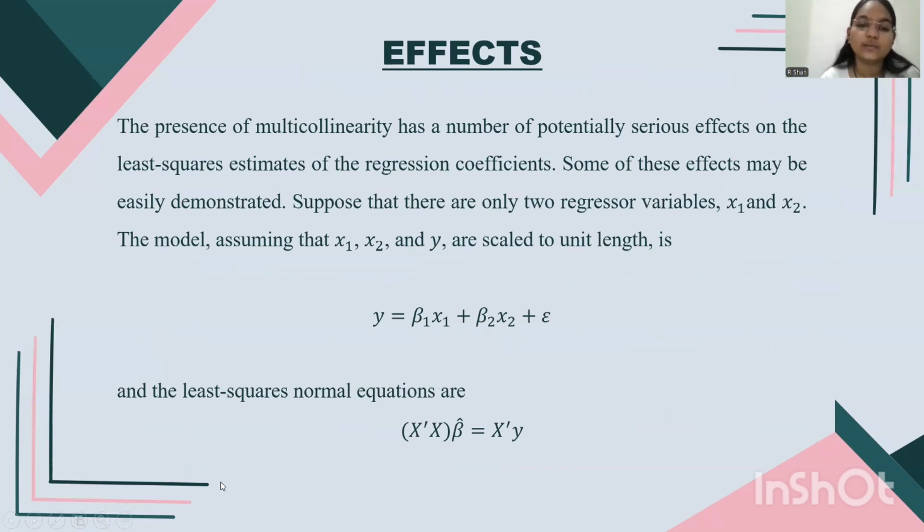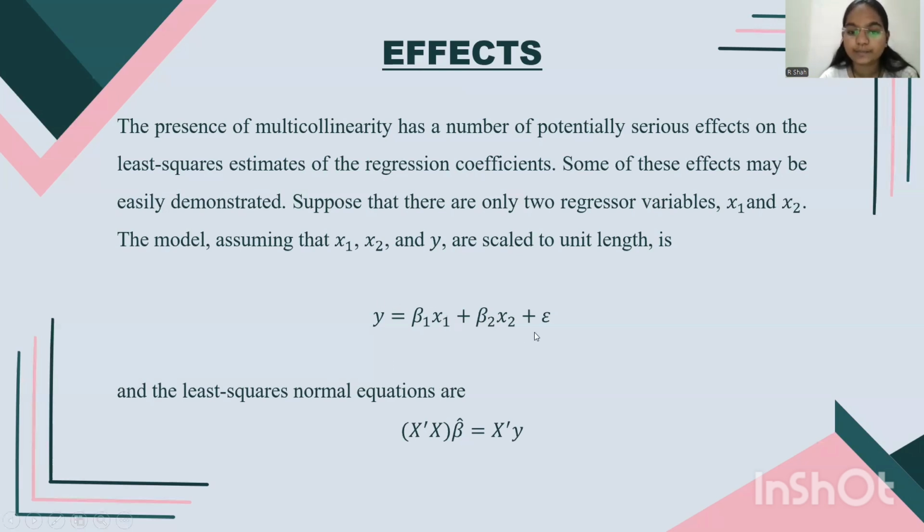The presence of multicollinearity has a number of potentially serious effects on the least square estimates of the regression coefficients. Some of these effects may be easily demonstrated. Suppose that there are only two regression variables, x1 and x2, and the model assumes that x1, x2 and y are scaled to unit length.